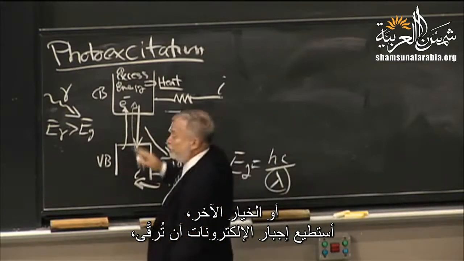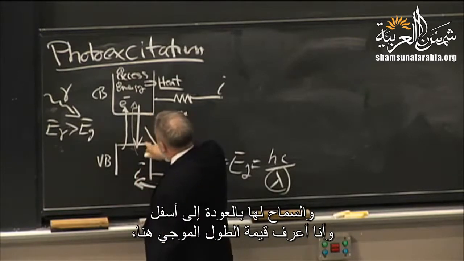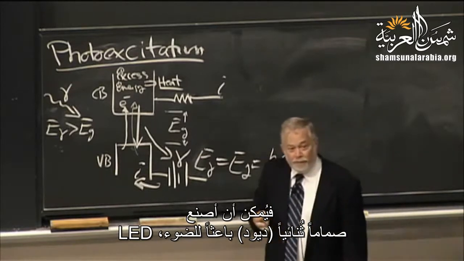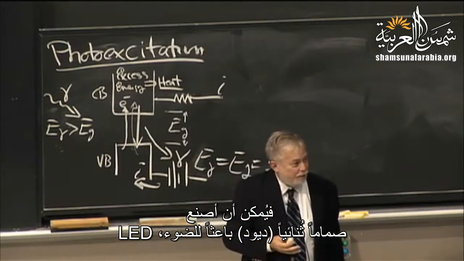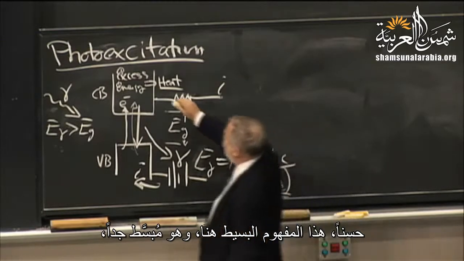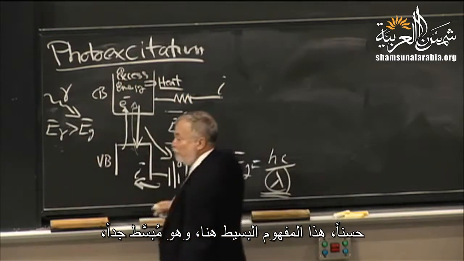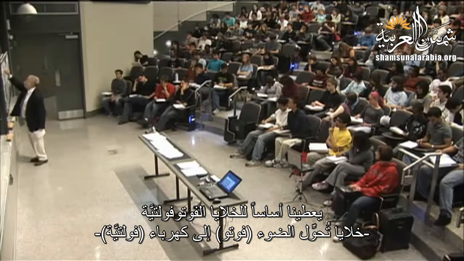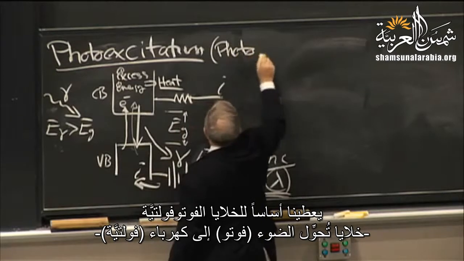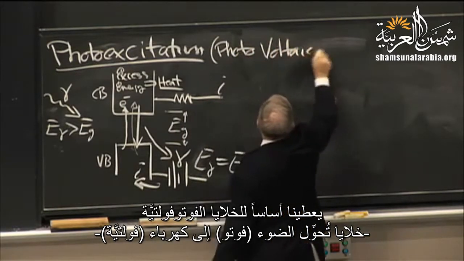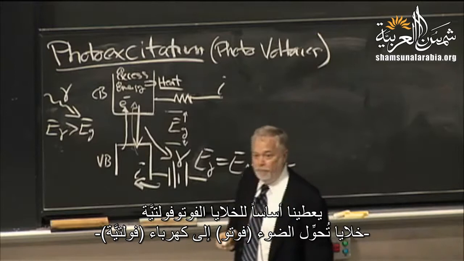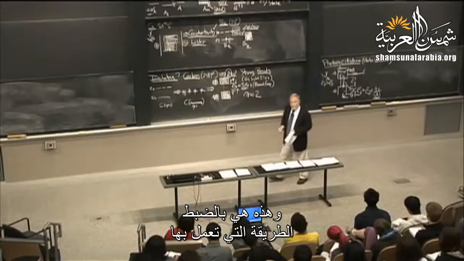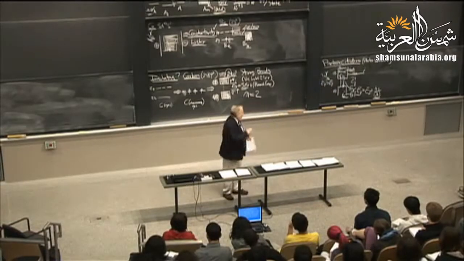Or I could force the electrons up here and let them come back down, and I know this wavelength here, I can make a light-emitting diode. So just this one little concept here, which is very simplified, gives us the basis for photovoltaics, all right? And that's exactly the way it works.